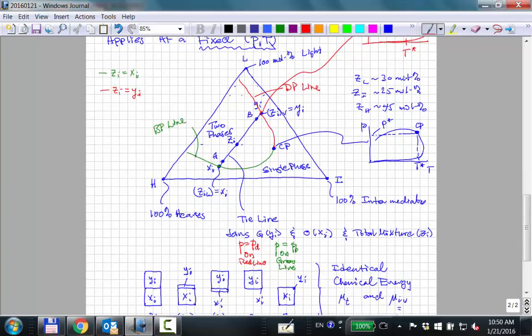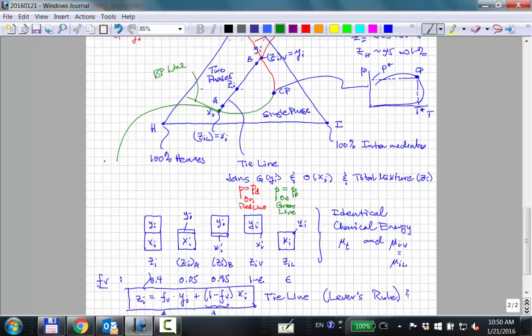And then the oil, if we took that original oil that we had in the cell down here, and we did its pressure temperature diagram, its critical point might be here, and the diagram looks something like that.